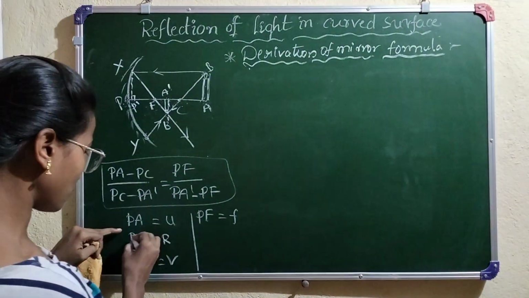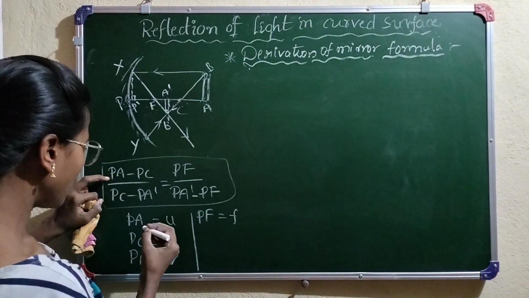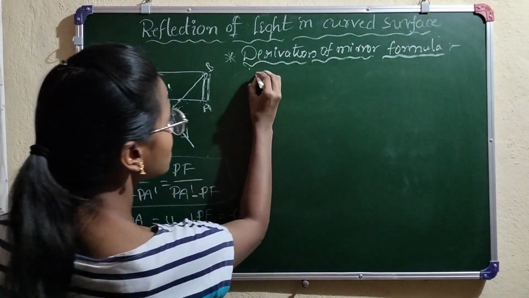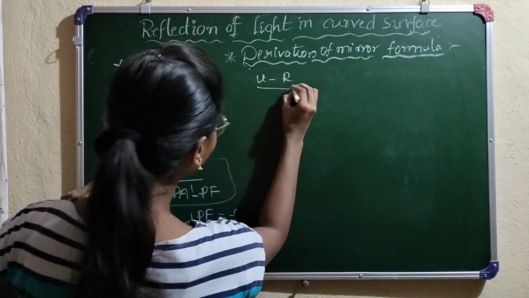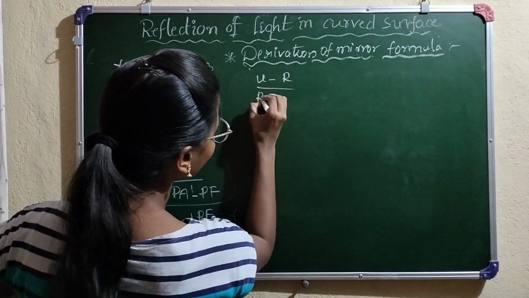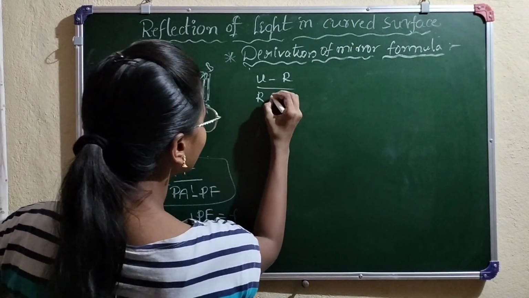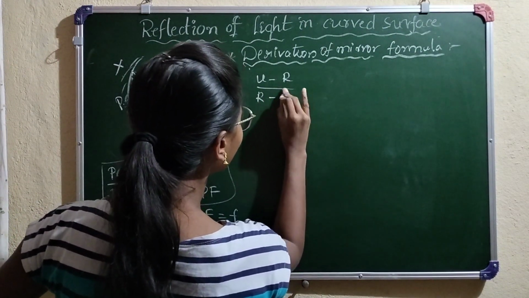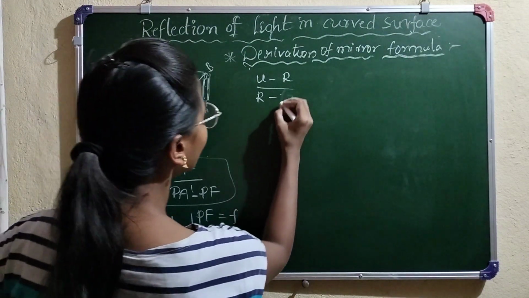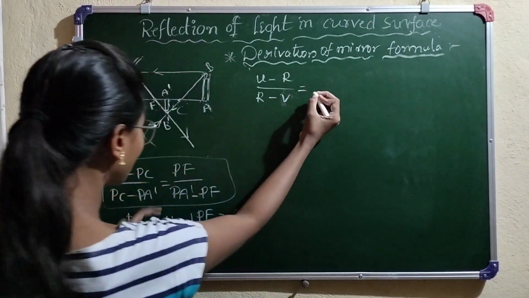So now I am substituting all as it is here. What is PA? PA is U, minus PC means R, by PC means R again, minus PA dash. In the place of PA dash we write V, is equal to, what is PF?